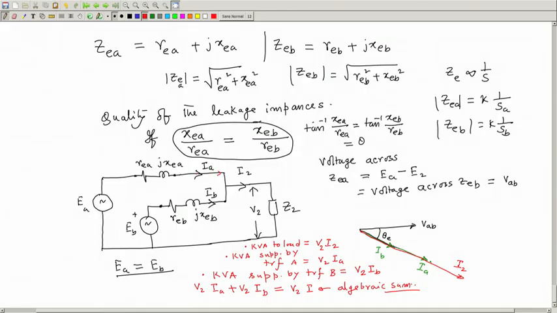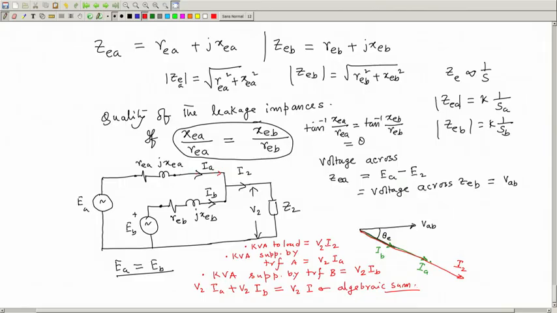Clear. Therefore, I will not only demand that the leakage impedances should be inversely proportional to their KVA ratings, but also that it will be very nice if the qualities of the leakage impedances are the same. Then tan inverse XCB by REB is equal to tan inverse XCA by REA, and you will get the most desirable thing.